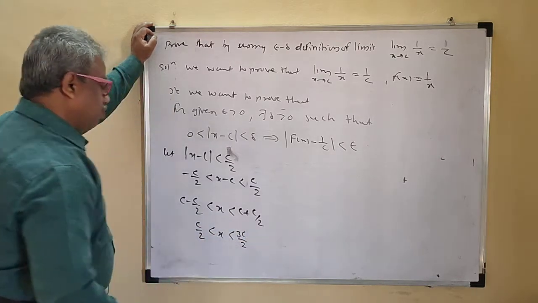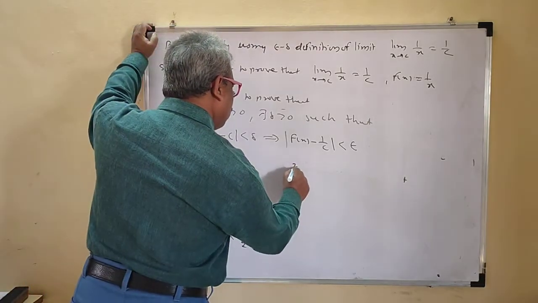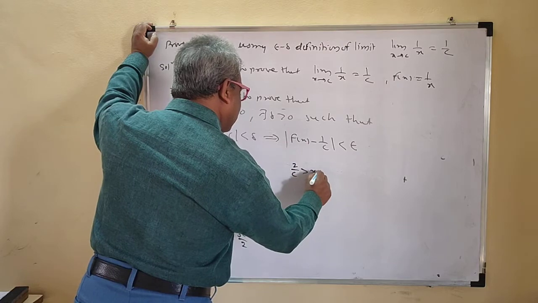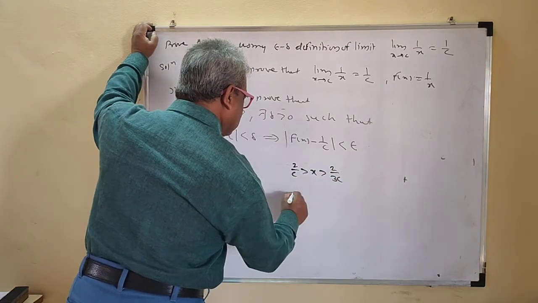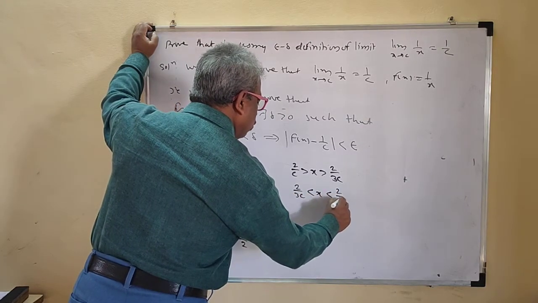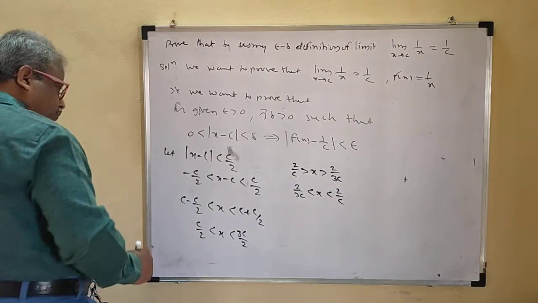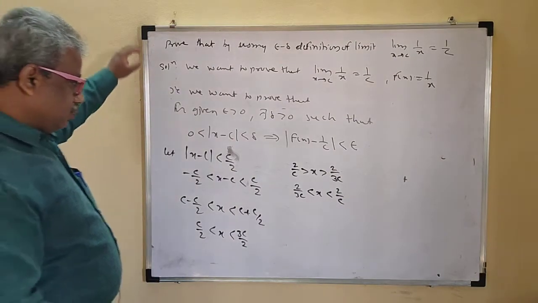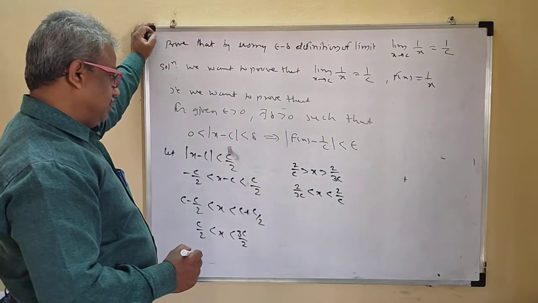Then we'll take the reciprocal of that one. So what we get is 2 by c is greater than x is greater than 2 upon 3c. That is, 2 upon 3c is less than x, less than 2 upon c. Now we'll multiply by c.